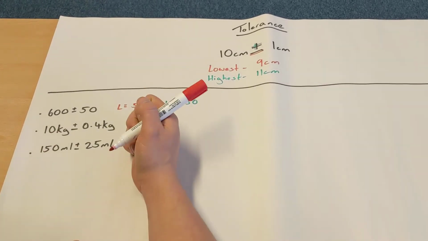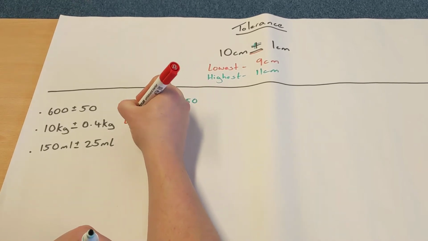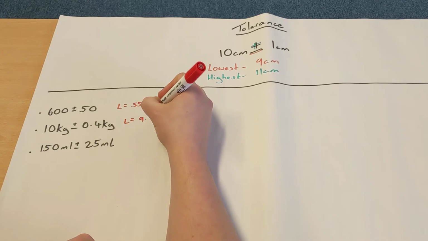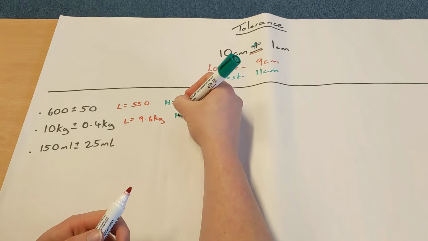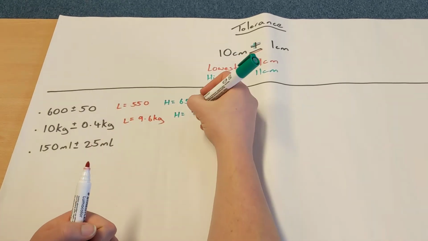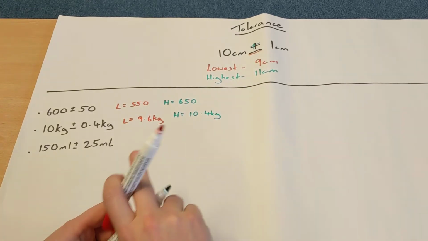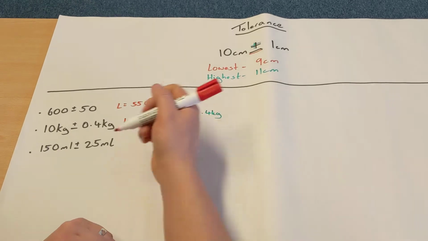This next one, 10 kilograms plus or minus 0.4 of a kilogram. Well, the lowest then is going to be 10 kilograms, take away that. So it's going to be 9.6 kilograms. And the highest is going to be 10 kilograms plus that. So 10.4 kilograms. And then this last one, 150 mils plus or minus 25.